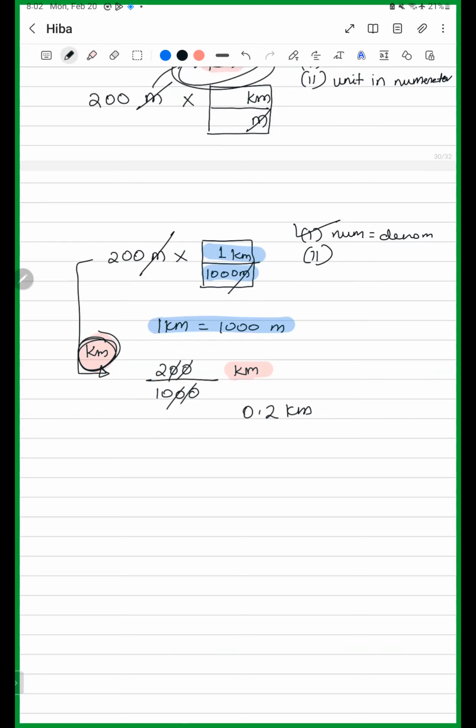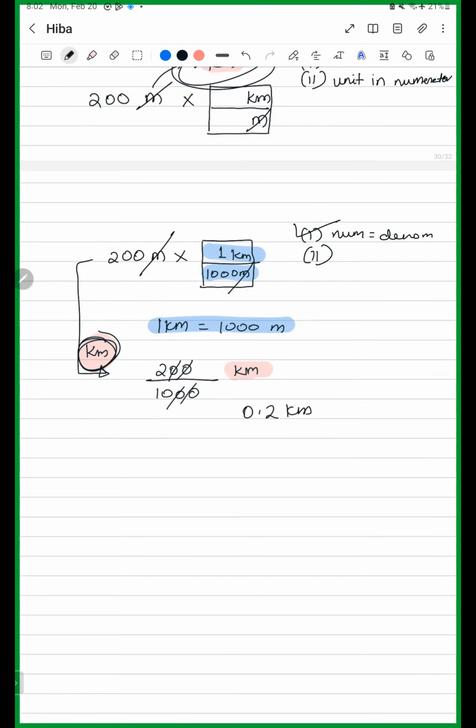Yeah, I understood why we did this, but why did we only take 1 kilometer divided by 1000? Why not any other number? For example, 2 kilometer is 2000. So do 2 kilometer by 2000 meter, no problem, as long as they are equal.